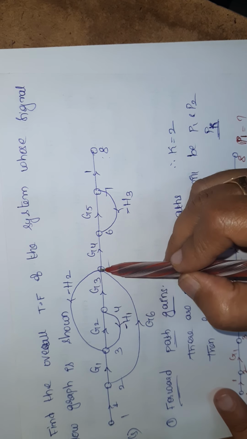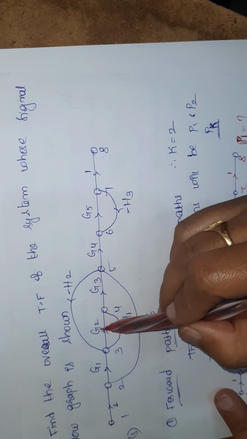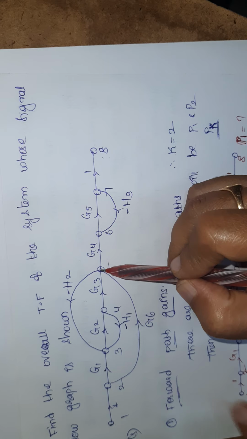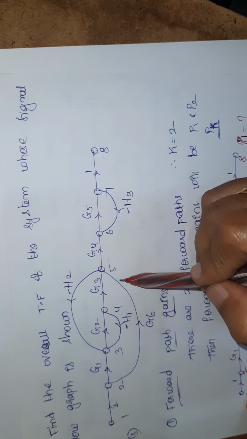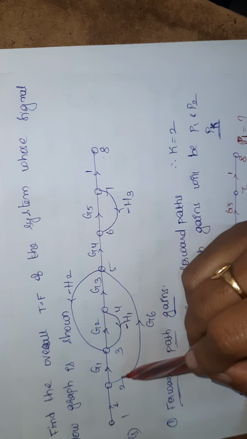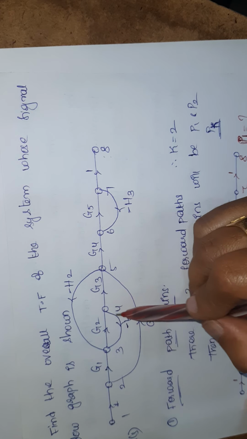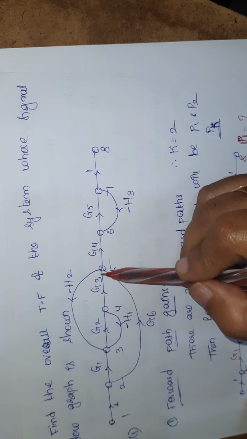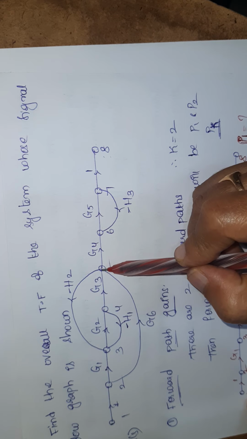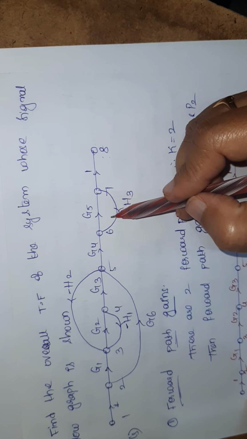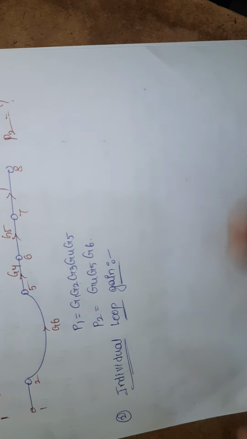One is starting from the 5th node: minus H2 into G2 into G3, one loop. Next, from 3 to 4, the first loop, and this is the second loop. And next, the third one, G5 and minus H3. Totally 3 individual loops I have.